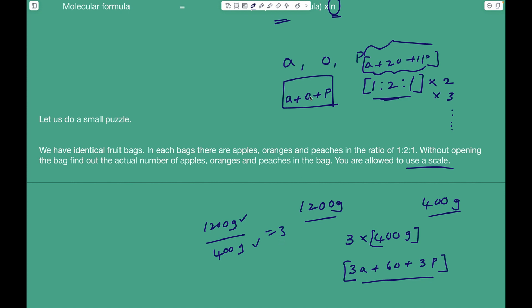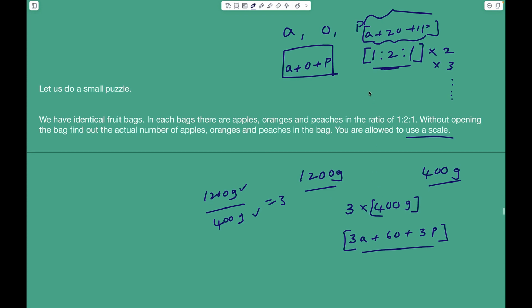That means there are 3 such units in this bag. Then you multiplied each term in the ratio with that number to get the actual number of fruits in the bag.